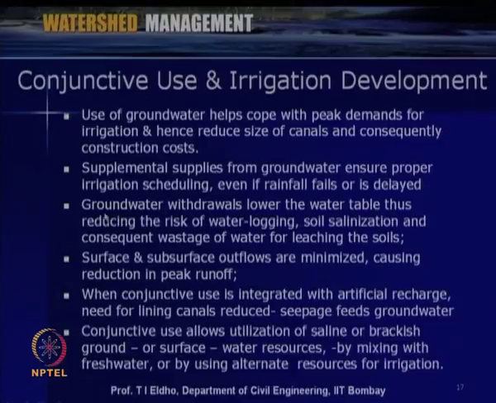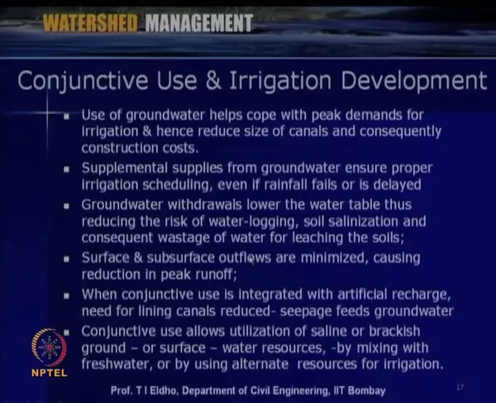We can see that a lot of agricultural land becomes wasteland due to waterlogging and salinity problems. If we use the groundwater in an appropriate way, then we can recover this waterlogged land or wasteland through appropriate managerial measures, including using more groundwater and developing appropriate drainage patterns.